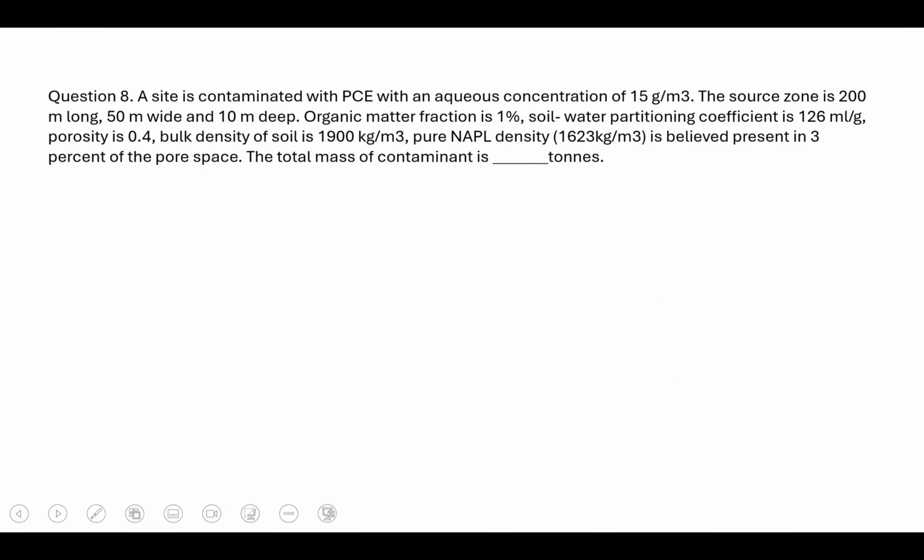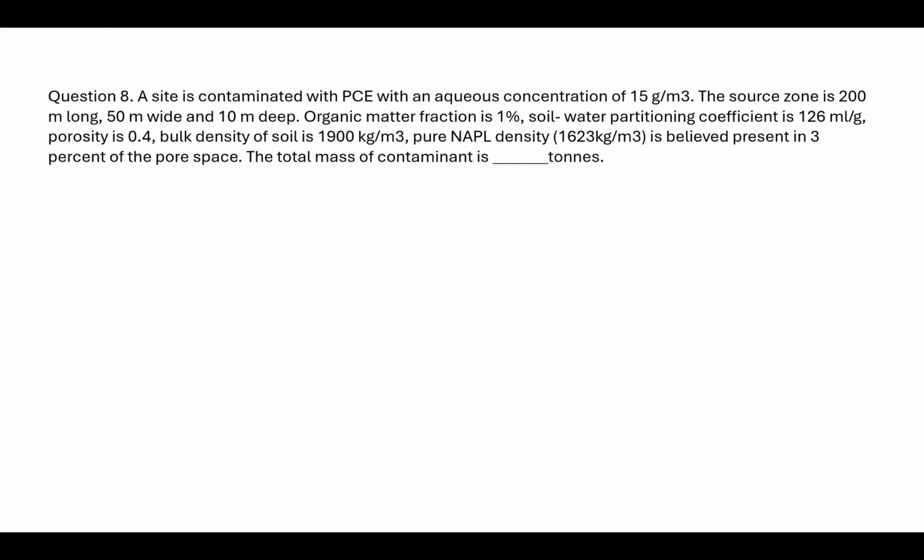Okay, so question number 8: a site is contaminated with PCE with an aqueous concentration of 15 gram per meter cube. The source zone is 200-meter long, 50-meter wide, and 10-meter deep. Organic matter fraction is 1%. Soil water partitioning coefficient is 126 ml per gram. Porosity is 0.4.